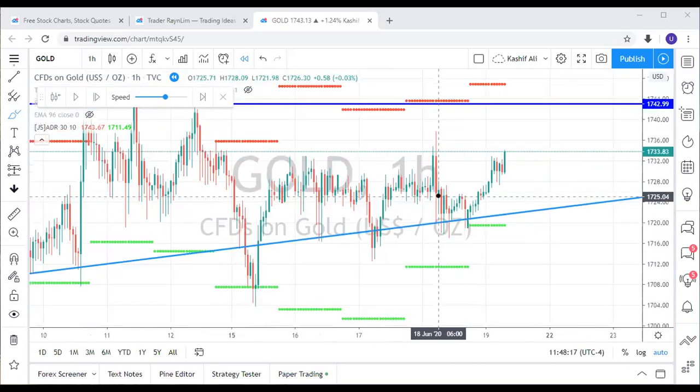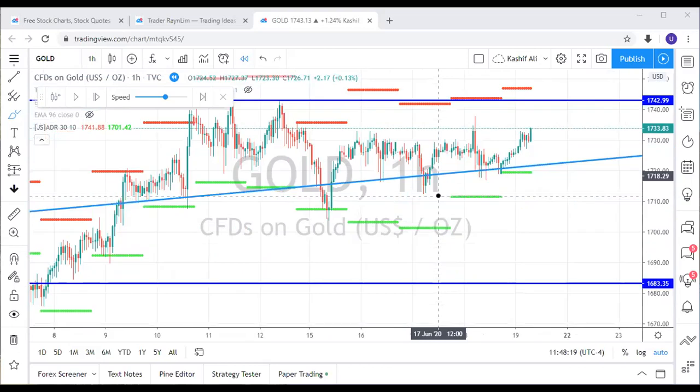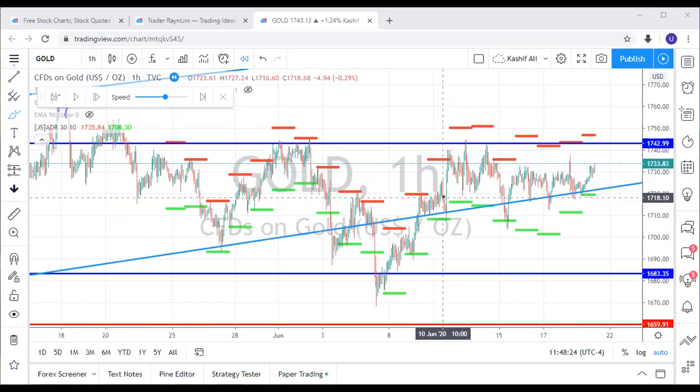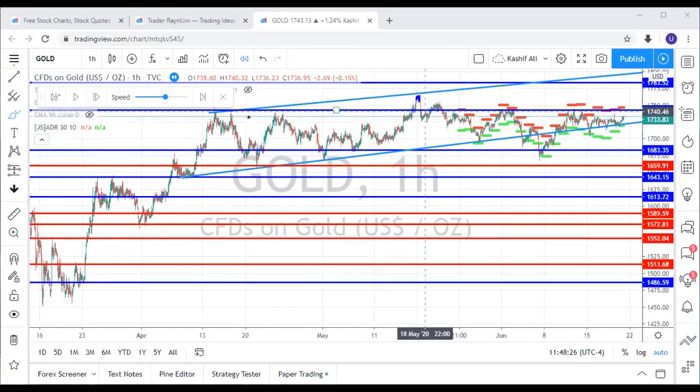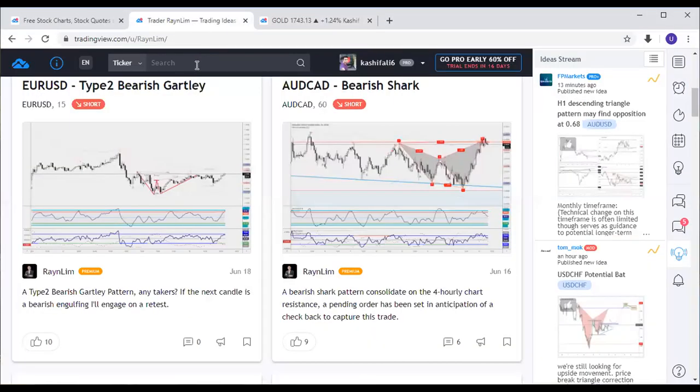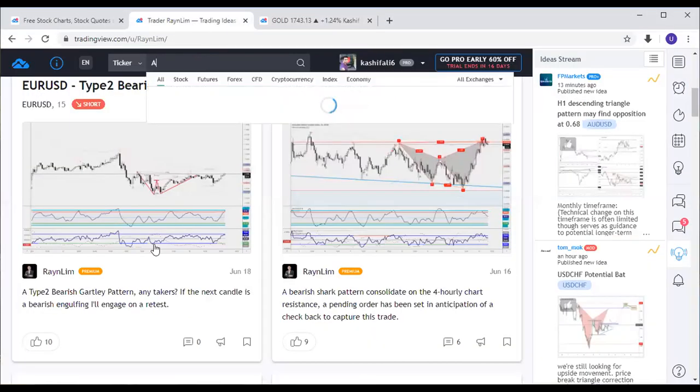If you want to learn the technical side, you can go to Baby Pips. But let me show you how I make the channels. Let's have a look at CAD JPY.